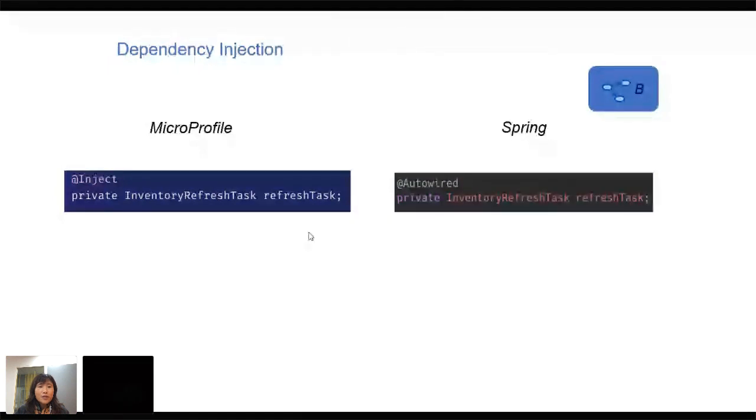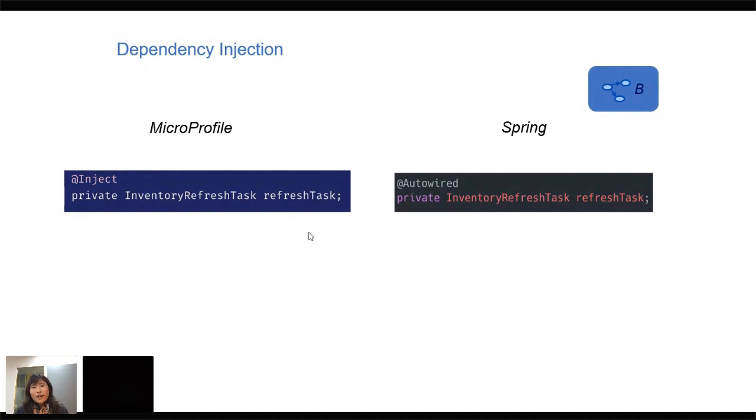If this inventory refresh task is application scoped, every time you use @Inject, you will get the same instance. There is no other instance, just one single instance. If the inventory refresh task is request scoped, then for each individual request, you will get a brand new instance.